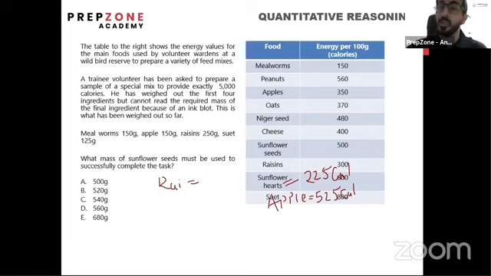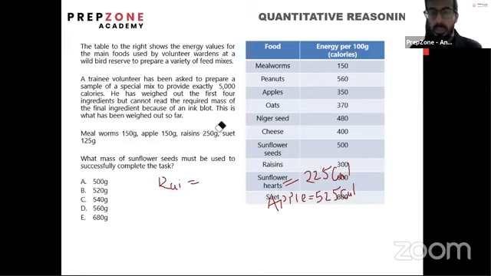So 300 into 2.5 will give you the number of calories, which will be 750. Then looking at suet, it is 1.25 times.